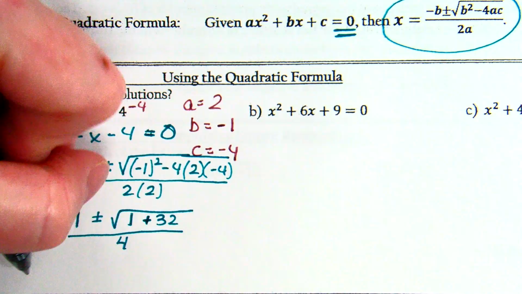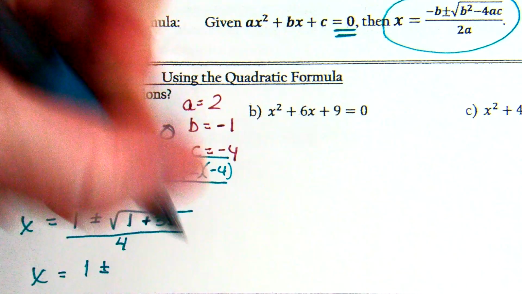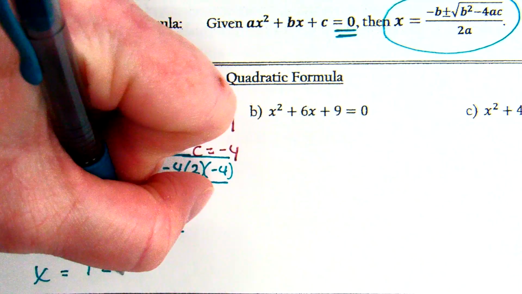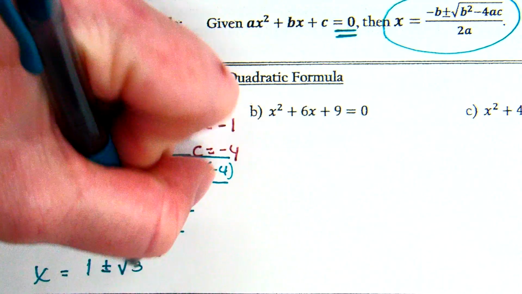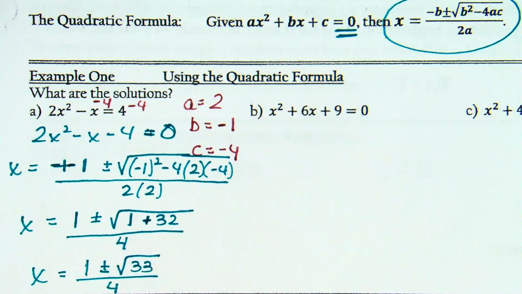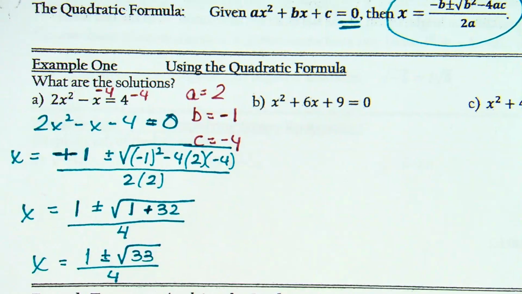If you didn't already do it, some of you may have already done it. Final cleanup. Under the radical, it's going to be 1 plus or minus the square root of, what is 1 plus 32? 33. Always add your numbers under the radical before you try and do any simplifying. Okay, well, what is the square root of 33?